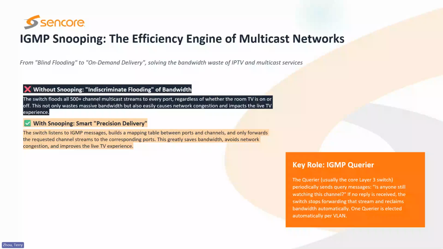From time to time, it monitors the requests from the terminals. If there's an IGMP request, it maintains the transmission to the port, like a routing table. So only the required port will transmit the required multicast IP streams.